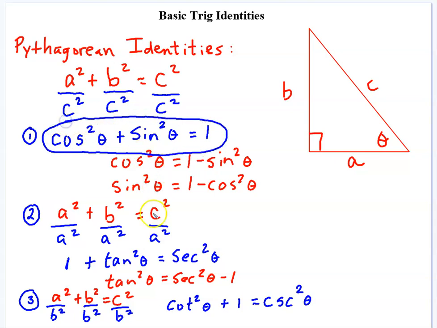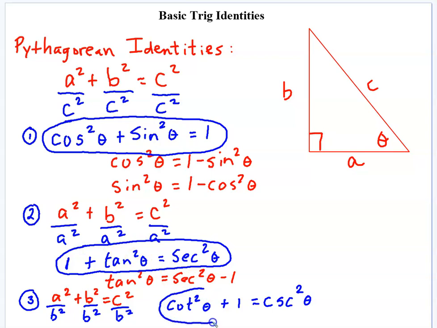And then hopefully you see how you can manipulate them to solve for other trig functions within those identities just by subtracting. So I could solve again, I won't write it up, but I could solve for cotangent squared by subtracting 1. So cotangent squared theta is the same thing as cosecant squared theta minus 1.